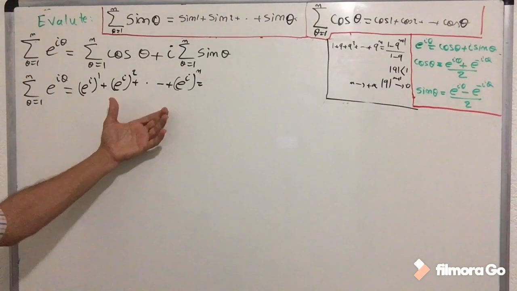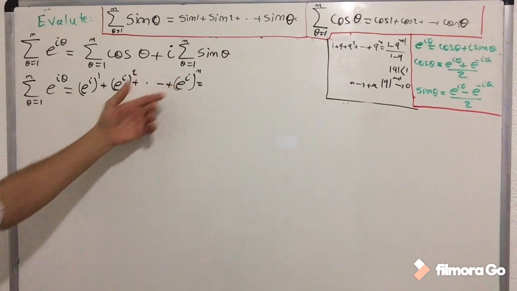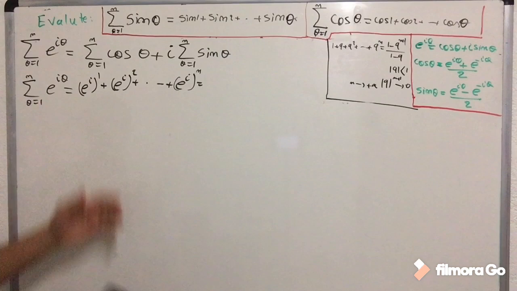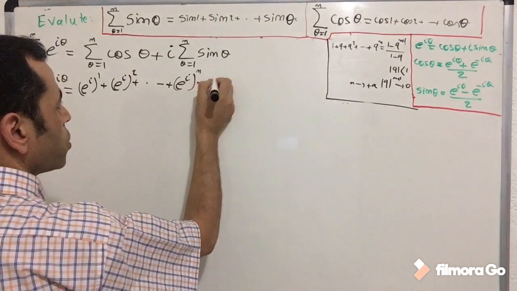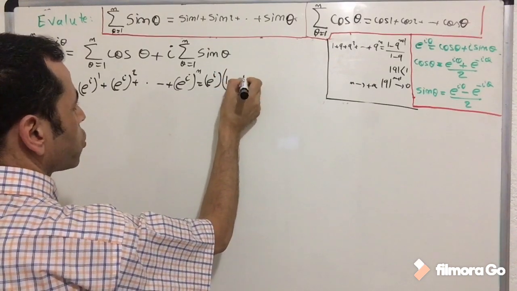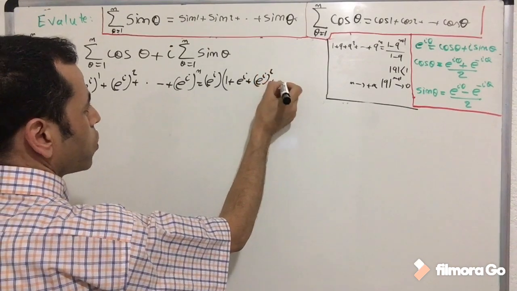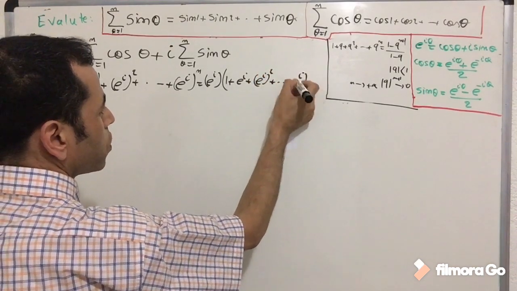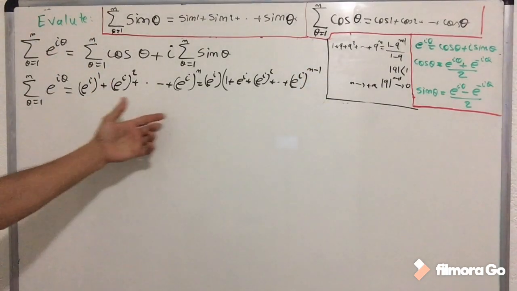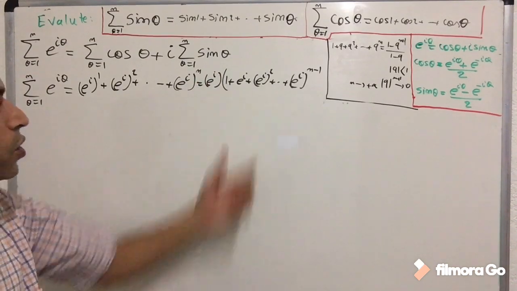We are not leaving it like this. We put exponential i outside in front as a factor, okay? So exponential i times 1 plus exponential i plus exponential i to the power 2 and so on until the last term, which is n minus 1 because we took exponential i outside, in front of the whole thing.